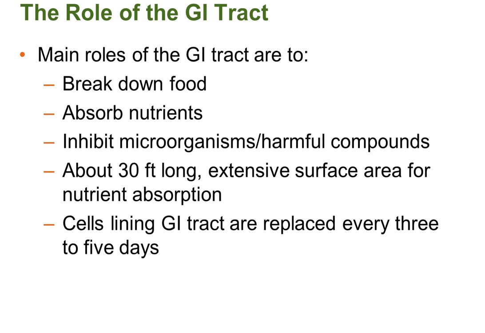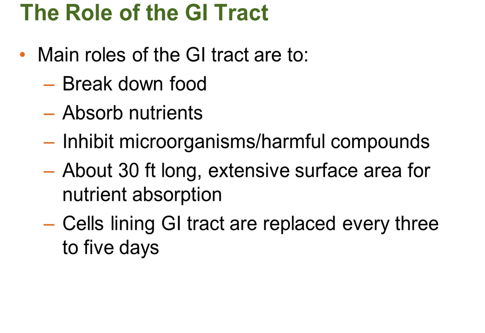So the main role of your digestive tract is to, one, break down your food, two, absorb the nutrients. Then it also can help inhibit microorganisms or harmful compounds that may enter your body through the digestive tract. Your whole digestive tract is about 30 feet long, and that was measured in cadavers.